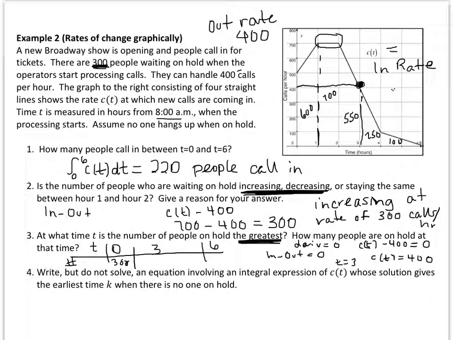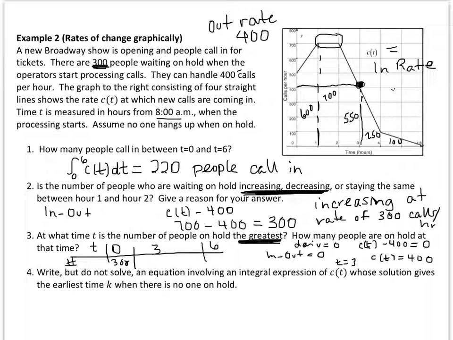And now I'm calculating the total number of people at each of those times. I'm taking my initial amount, which was 300 people, adding to it the integral from 0 to 3 of C of t, and subtracting from that the integral from 0 to 3 of 400.